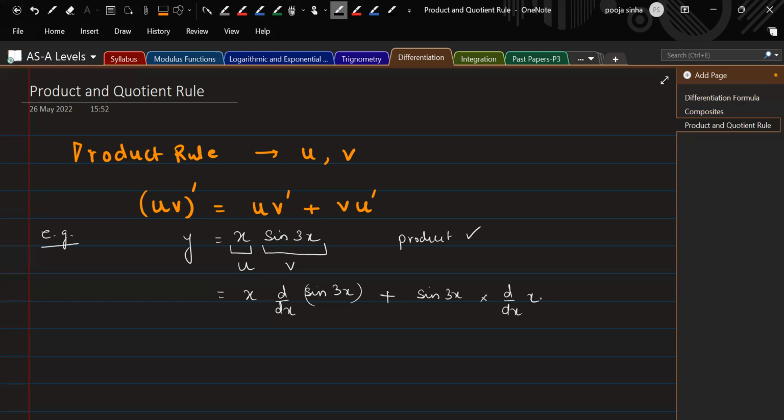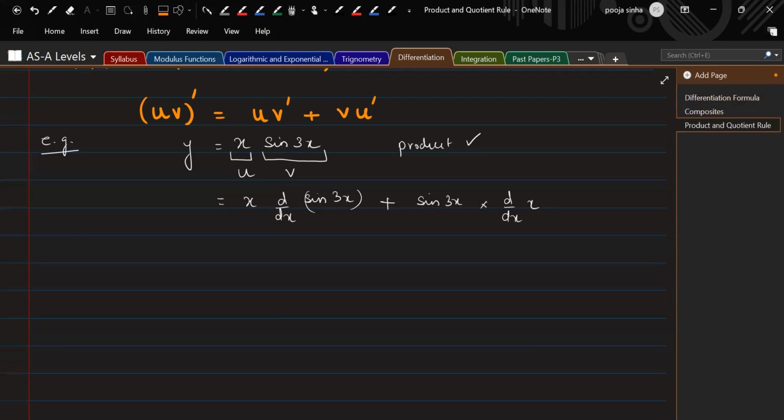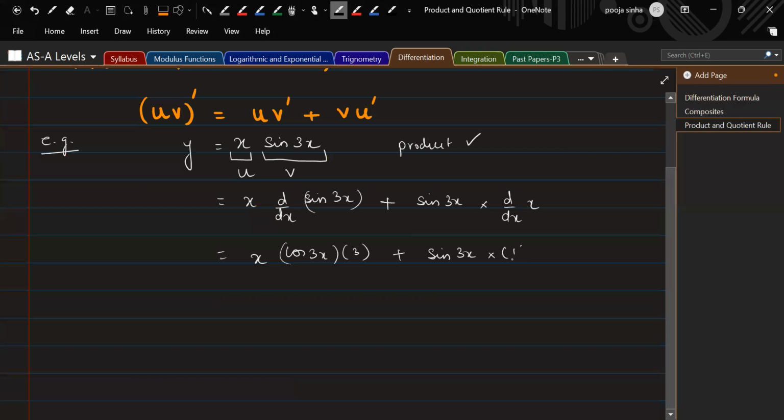क्लियर. अब जो हमने पिछले इसमें सीखा है, we'll apply that. x of d by dx of sin 3x will be cos 3x multiplied by 3, plus sin 3x, and this will be only 1.